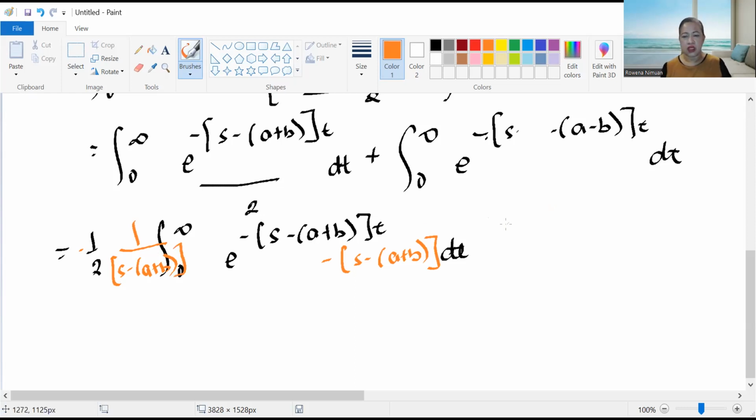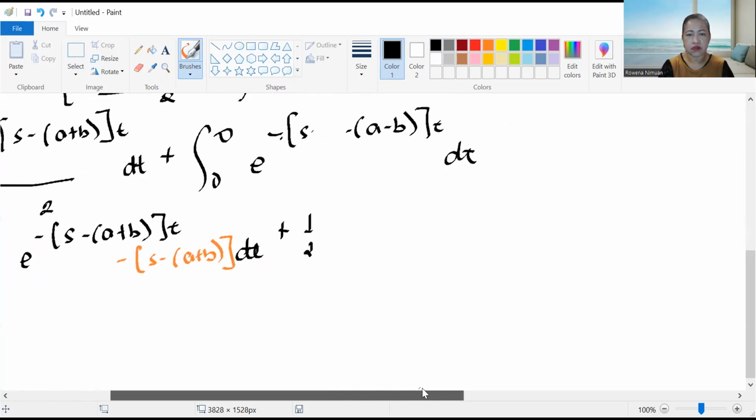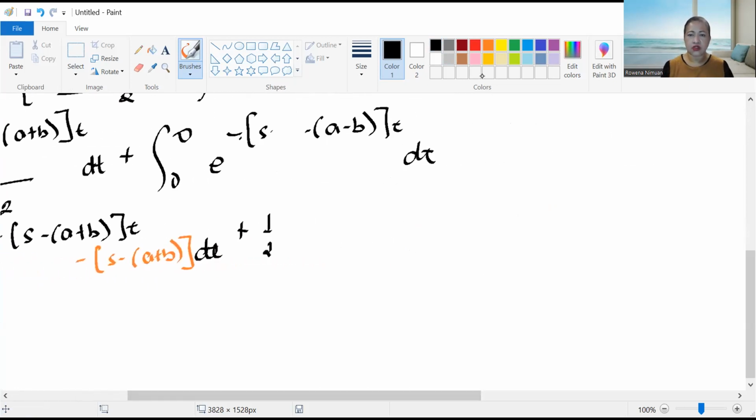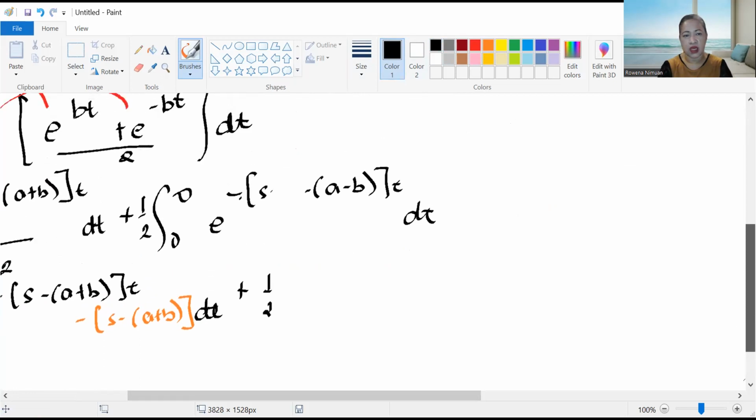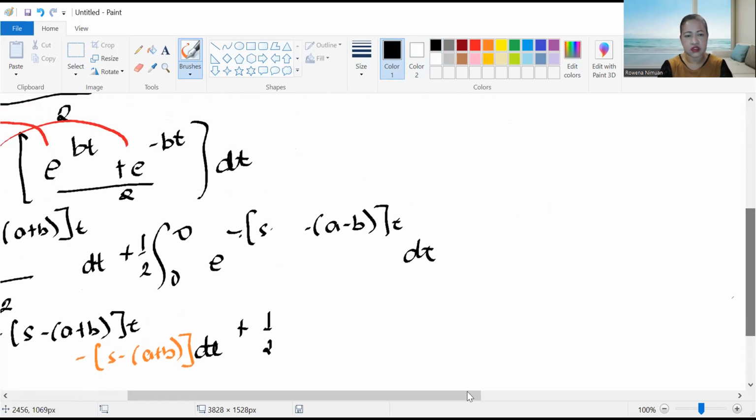Then plus the other term with 1/2 taken out.